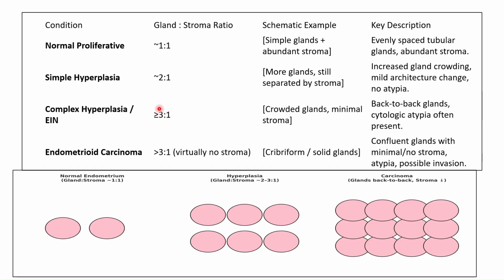Now complex hyperplasia is more than or equal to 3:1 gland to stroma ratio, crowded glands, and minimal stroma. There is back-to-back glands arrangement, and here we have to look for cytological atypia. Now endometrial carcinoma has virtually no stroma, showing more than 3:1 gland to stroma ratio.